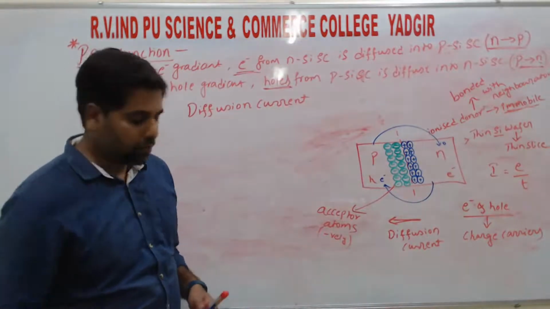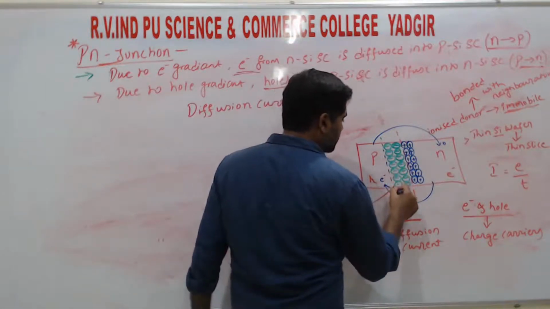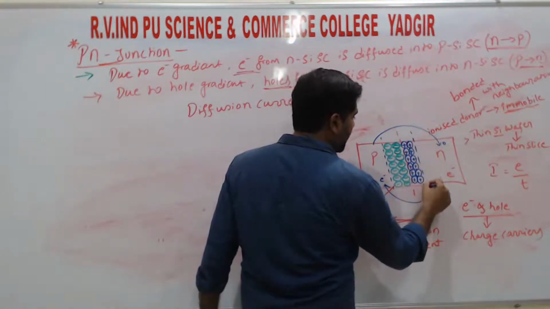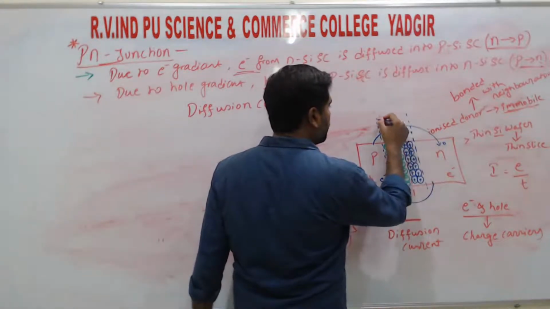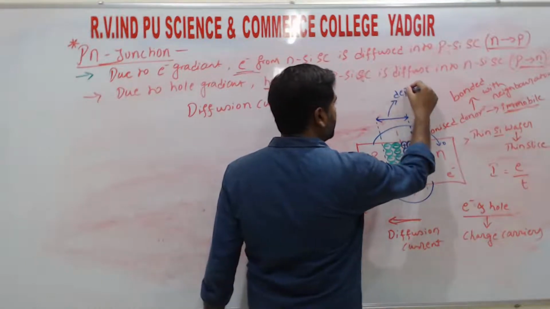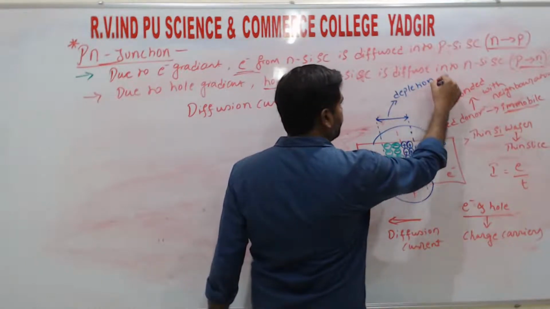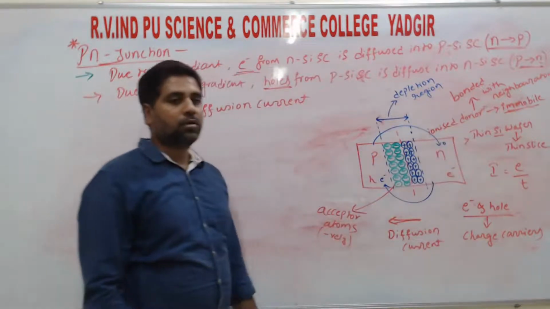So this is called the layer on both sides of P and N type. This space region formed by the charges, we call the depletion region, right?